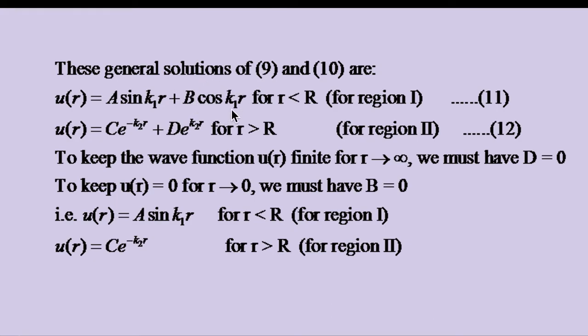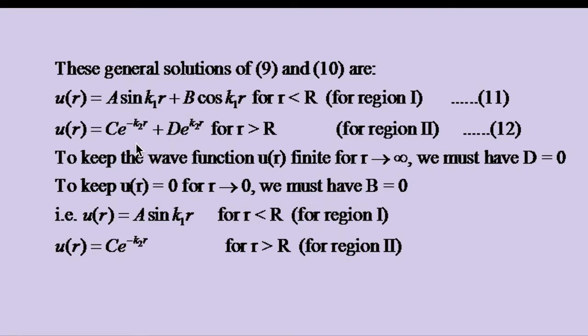Here this number is nearly 1, so the possibility of this becoming 0 is only when b is 0. So b must be equal to 0, and our solution will have only this value, a sin k1r.